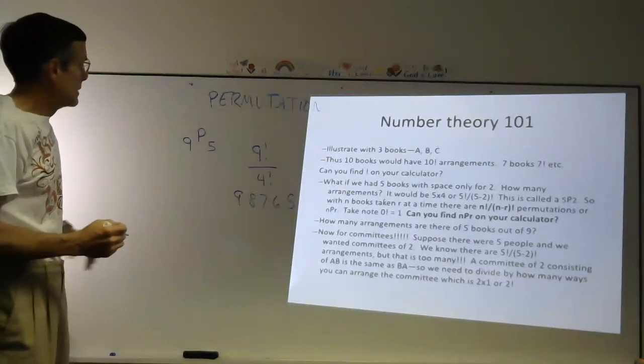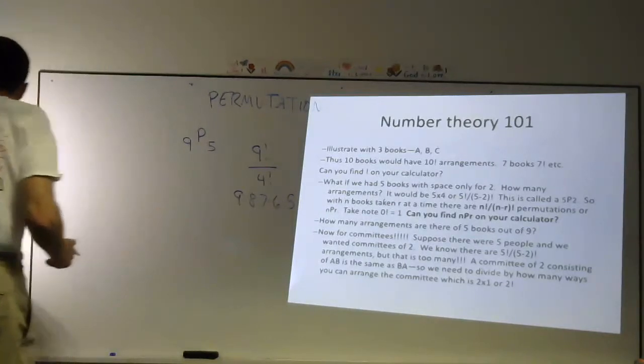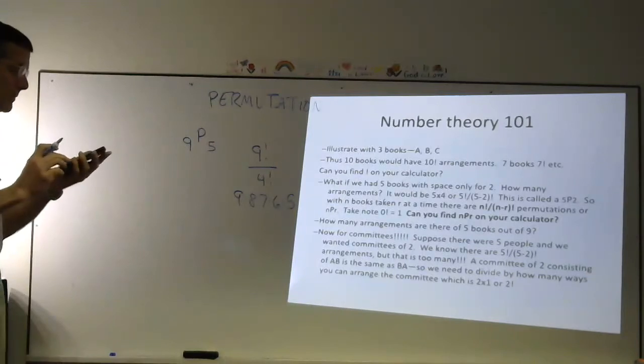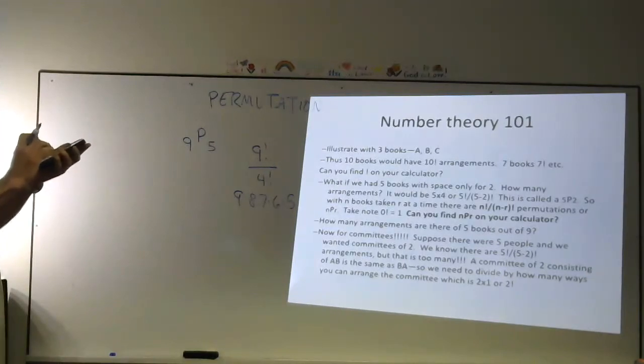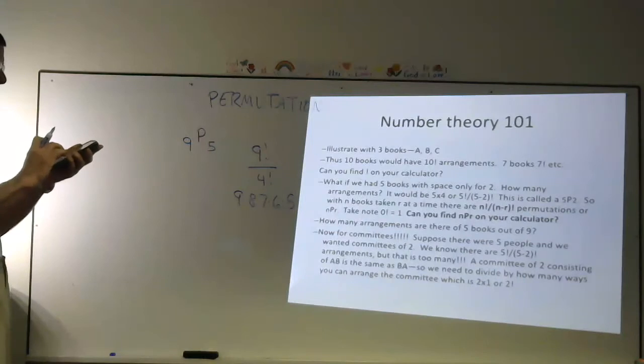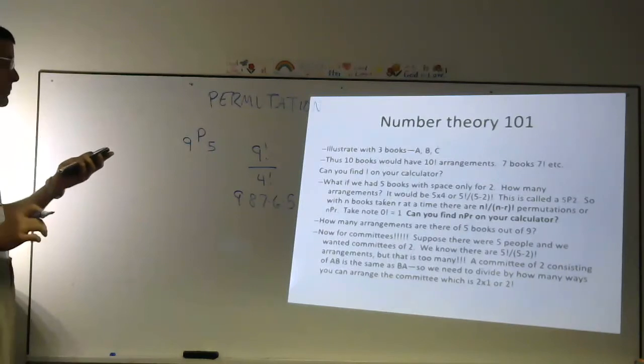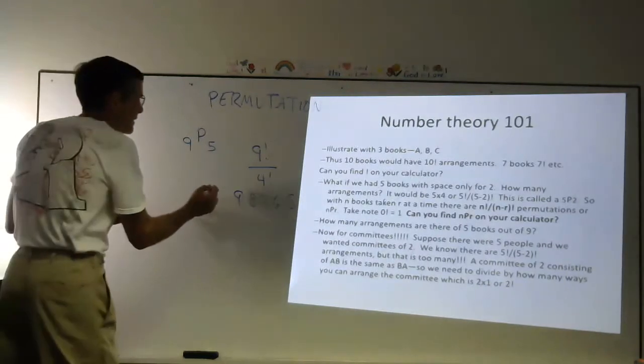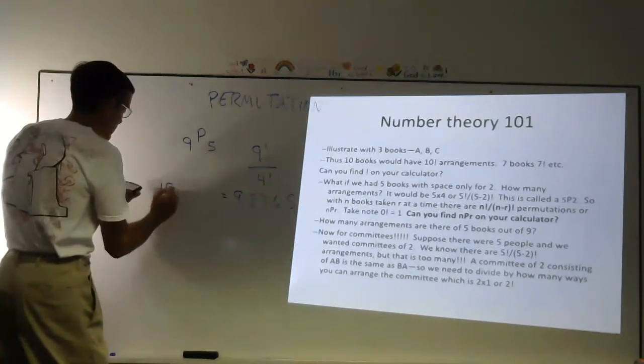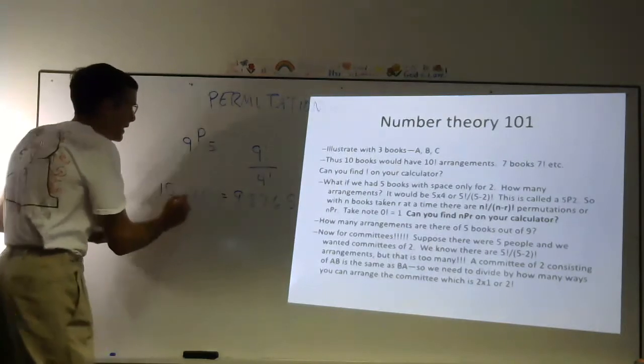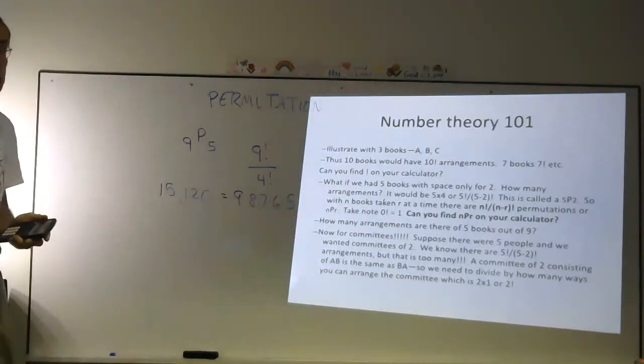All right, but can you find it on your calculator? So what I'm going to do is a 9P5, and you should get 15,120. Okay?